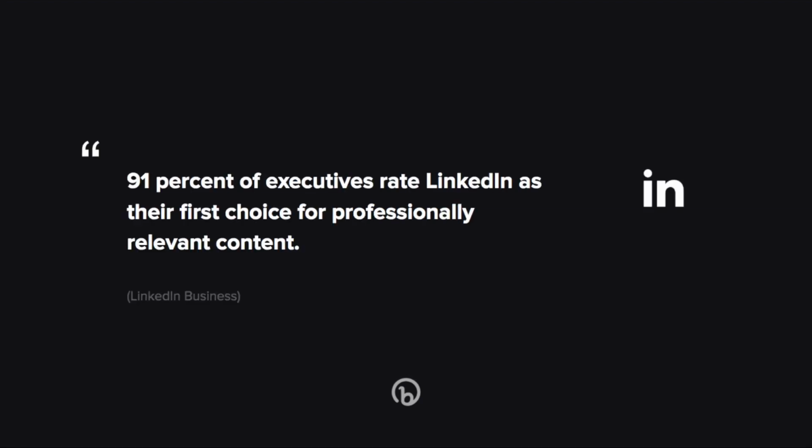According to LinkedIn Business, 91% of executives rate LinkedIn as their first choice for professionally relevant content. This tells us a lot about the kind of content that's valued across this channel, and therefore the kind of content that your brand can share that would be pertinent to LinkedIn users.